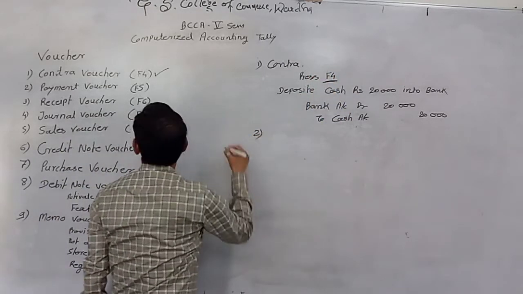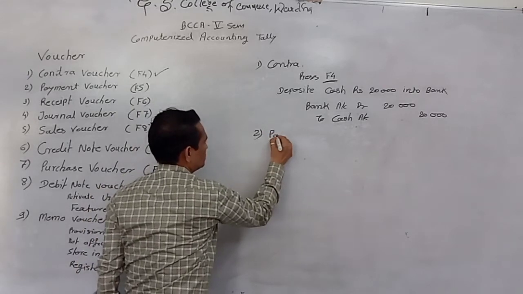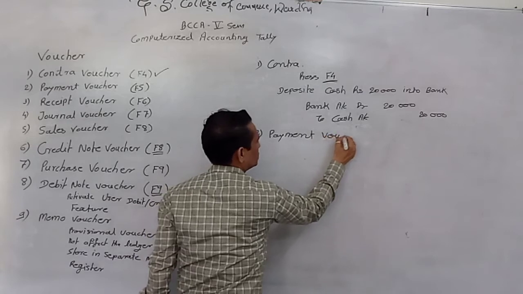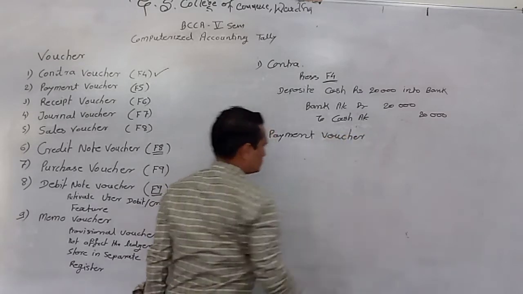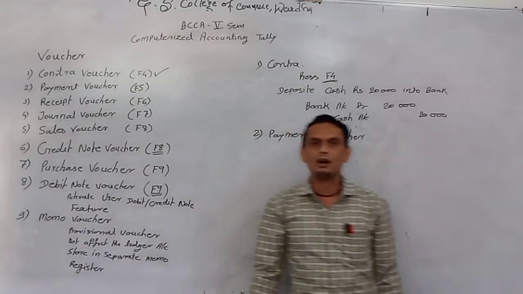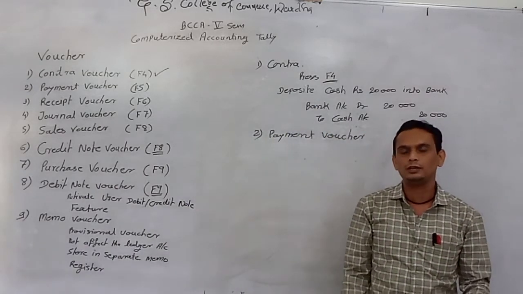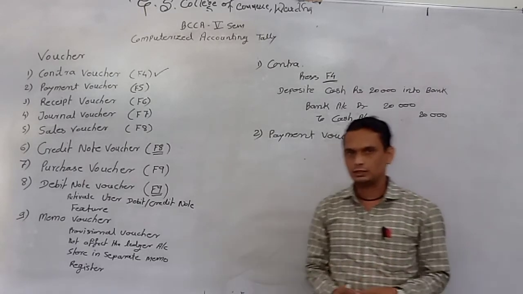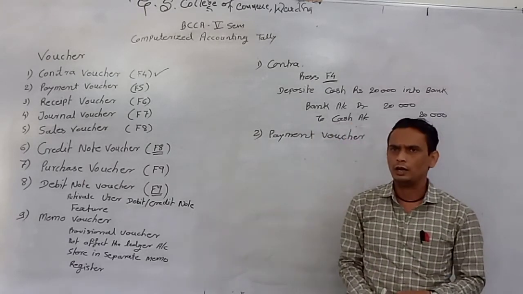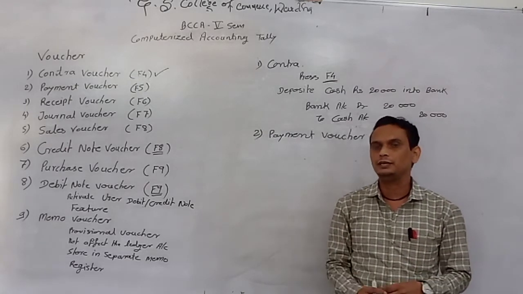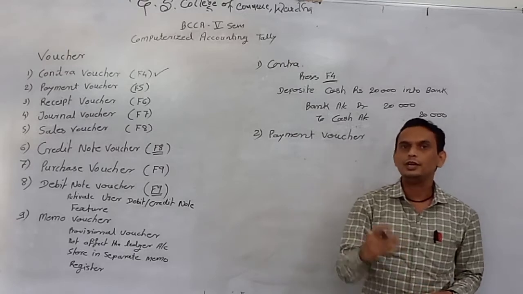Number two, payment voucher. The payment voucher is used when the transactions are related to payment or paying some expenses, such as purchase, expenses paid, wages paid, salary paid, commission paid, rent paid.